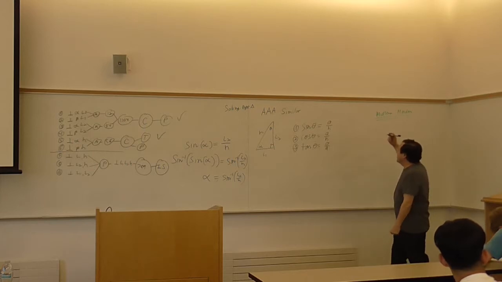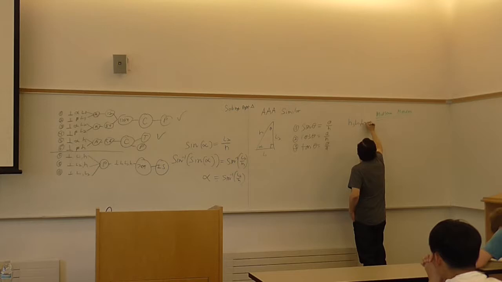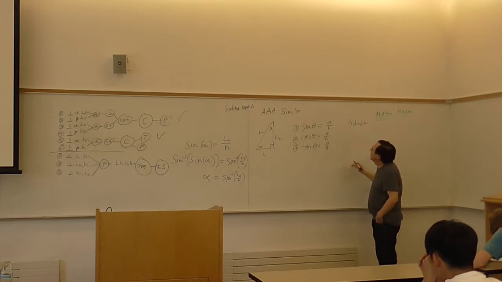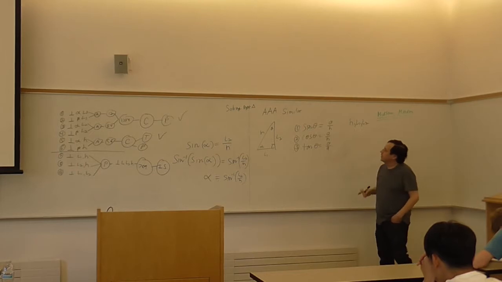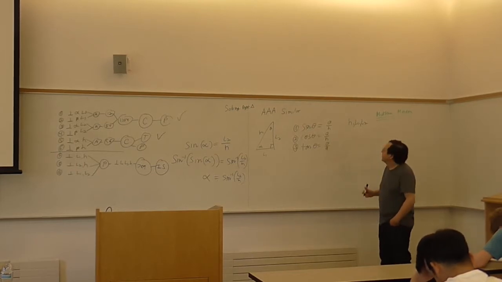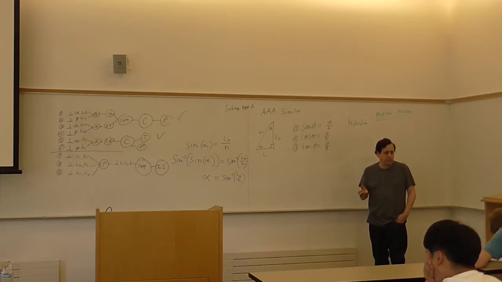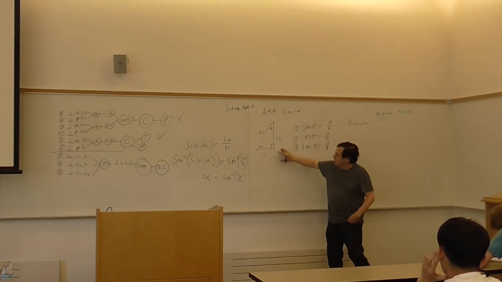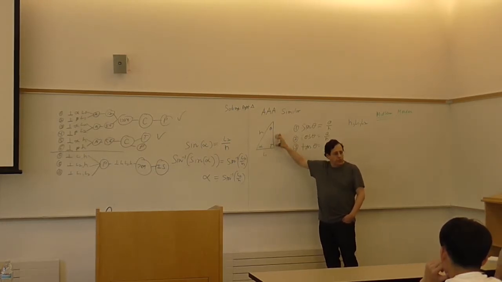So let's look at this. We know H, L1, and L2. Let's use each one of these to see what we can find out. We have the right angle too, that's correct, yes. That's why we can use the Pythagorean theorem, and that's why we can use these definitions, because these definitions are defined in terms of a right triangle.